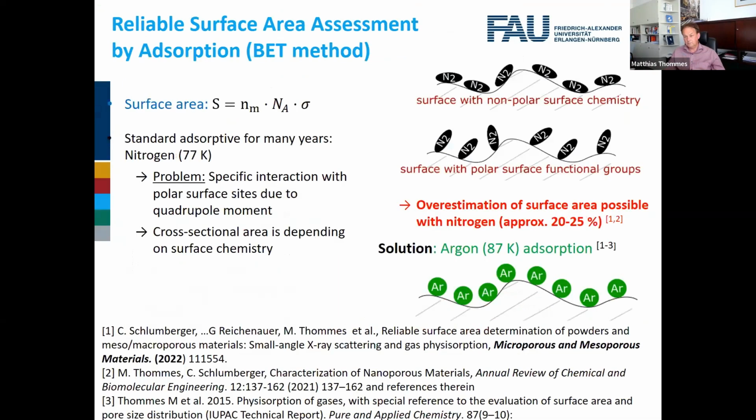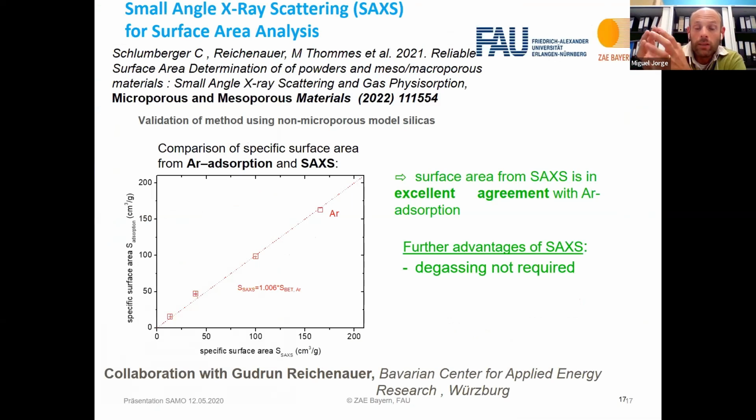Because I would say that if there is no microporosity, then in theory the BET area should be the surface area, as you said. Exactly. With microporous materials, not so sure. Yeah, absolutely. We didn't do that yet, but it's a very good suggestion, Miguel.